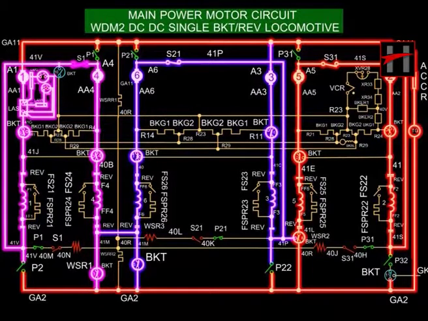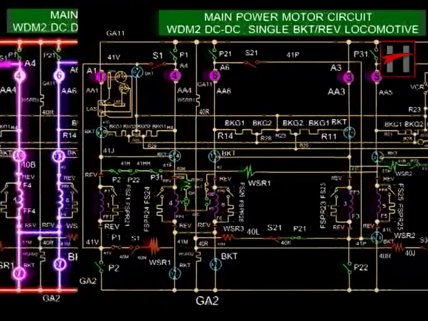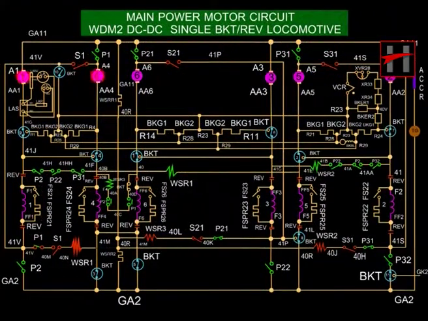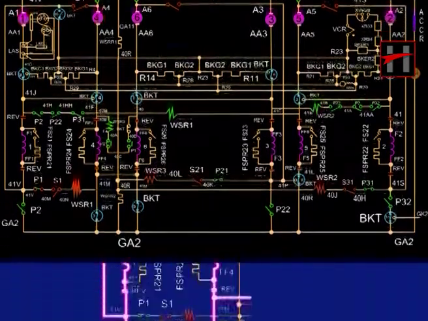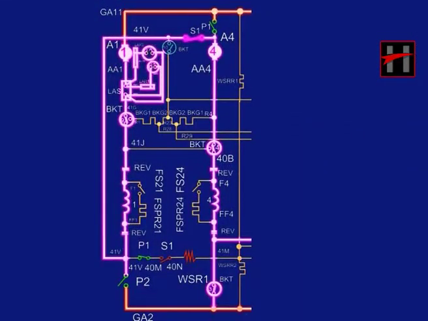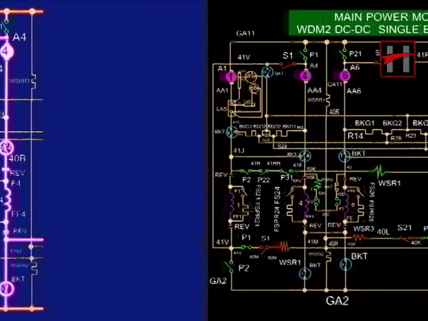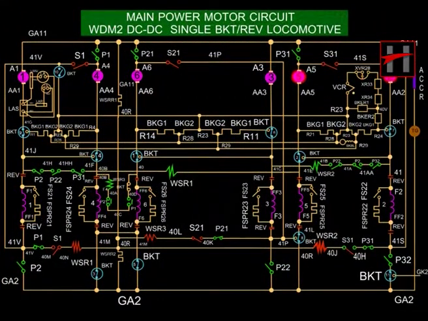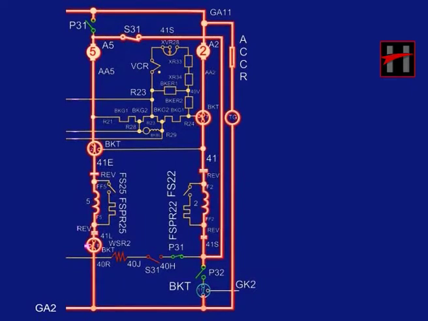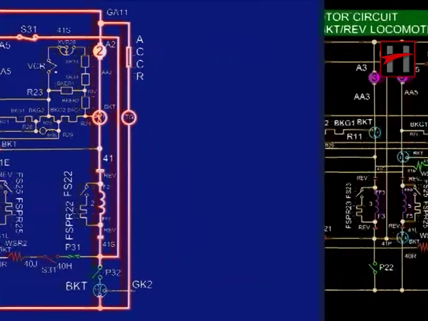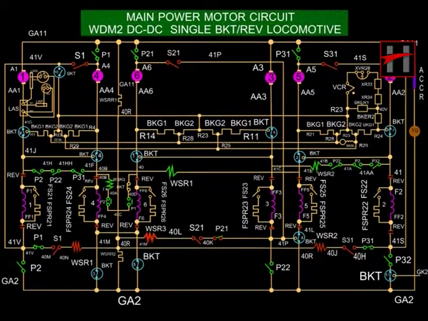The traction motors in this combination are as follows. Traction motors 1 and 4 in series, traction motors 2 and 5 in series, and traction motors 3 and 6 in series.